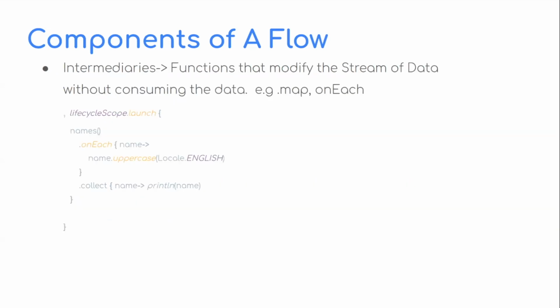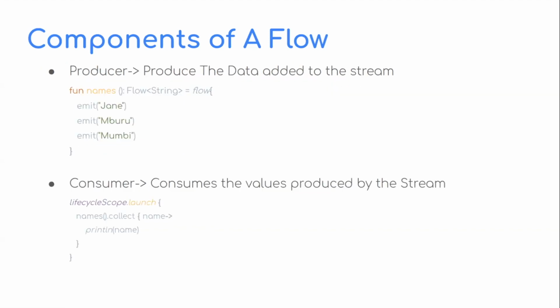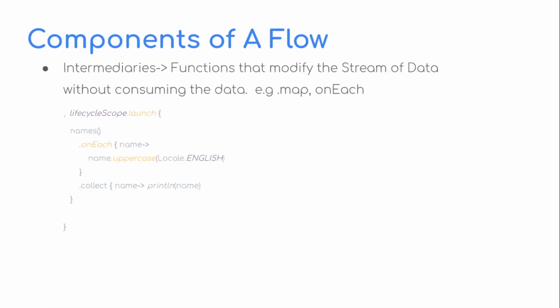We also have intermediaries. These are functions that modify the stream of data without consuming it. Consumption of data only happens when a terminal operator, that's collect, is called. So intermediaries can change the data before it's collected.